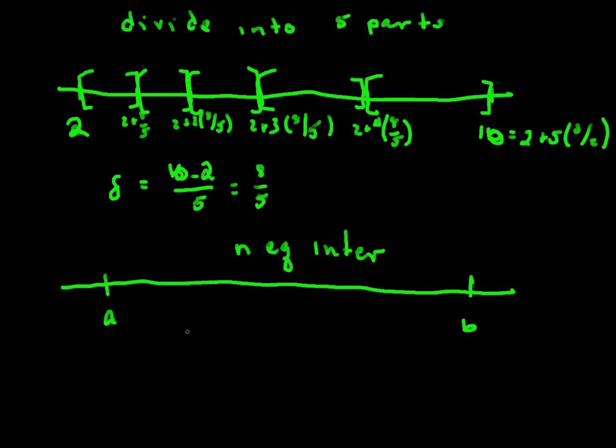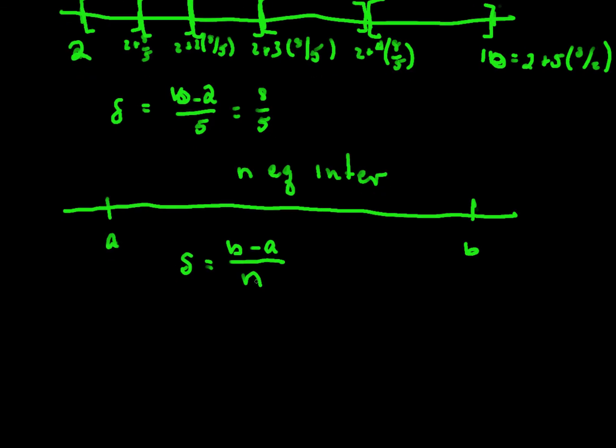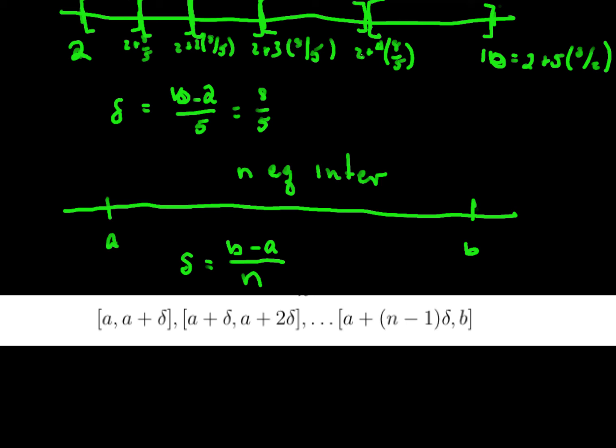So my delta will always equal b minus a over n, where n's an integer, right? So I would say the partition is given by these intervals, a to a plus delta, a plus delta to a plus 2 delta, so on and so on until I get to the very last interval, which would be a plus n minus 1 delta, and then b.